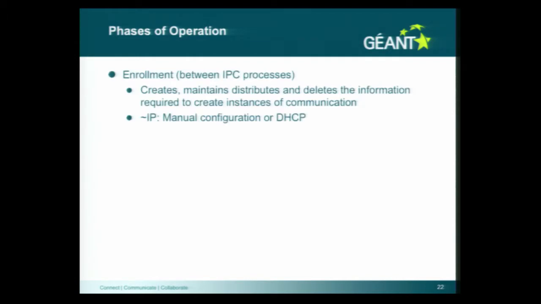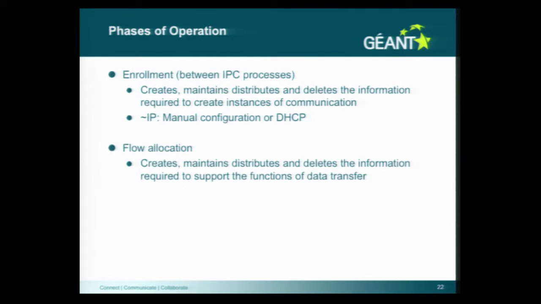And the operation phases are thus enrollment. So it's between IPC processes. So you create, maintain, and distribute the information required to create the instances of communication. So in IP this would be manual or a little bit DHCP. Flow allocation is when you have different applications on top.